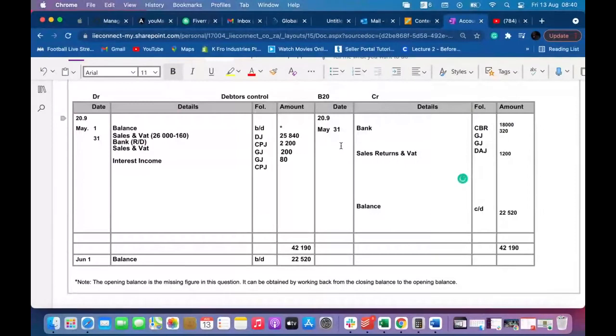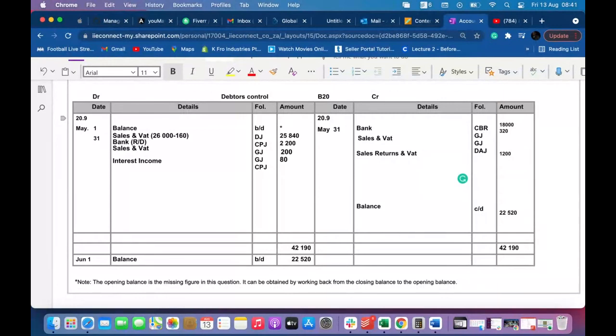So what are we saying? This is your sales and VAT. Okay, cool. No problem there. Then we have this bank RD. Okay, bank RD. All right.